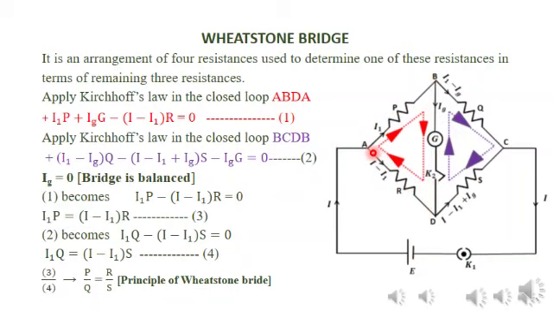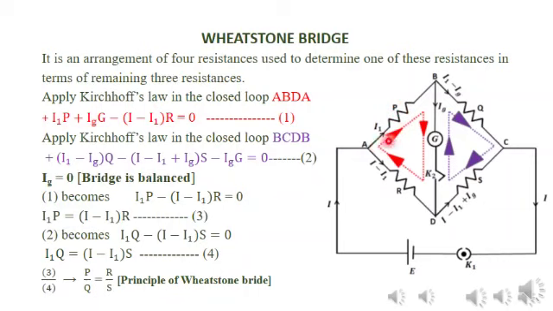Since our direction of traversal is clockwise, we are moving from A to B, then to D, and finally reach A. So we start from A in the clockwise direction till we reach the first resistor, that is resistor P. After reaching P, we check the direction of traversal and the direction of current through this resistor.